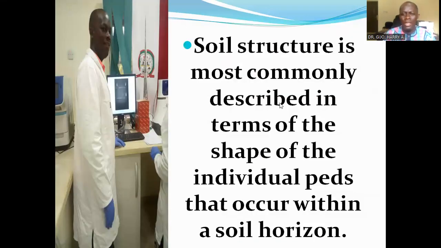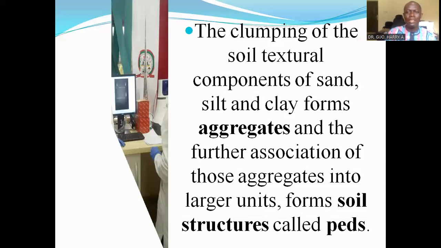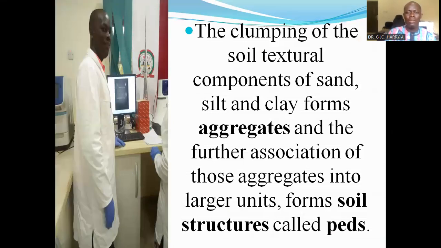So soil structure is most commonly described in terms of the shape of the individual peds that occur within a soil horizon. The individual peds of this soil clump together.